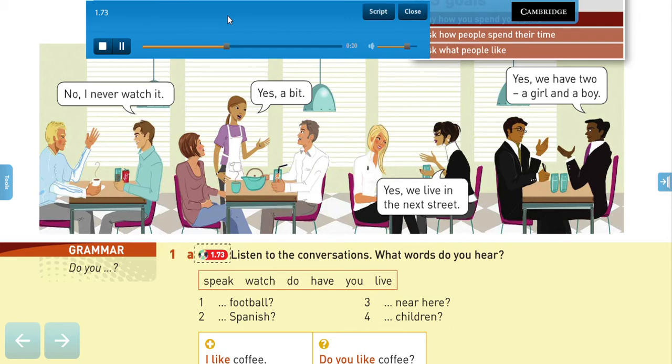Yes, a bit. 3. Do you live near here? Yes, we live in the next street. 4. Do you have children? Yes, we have 2, a girl and a boy.